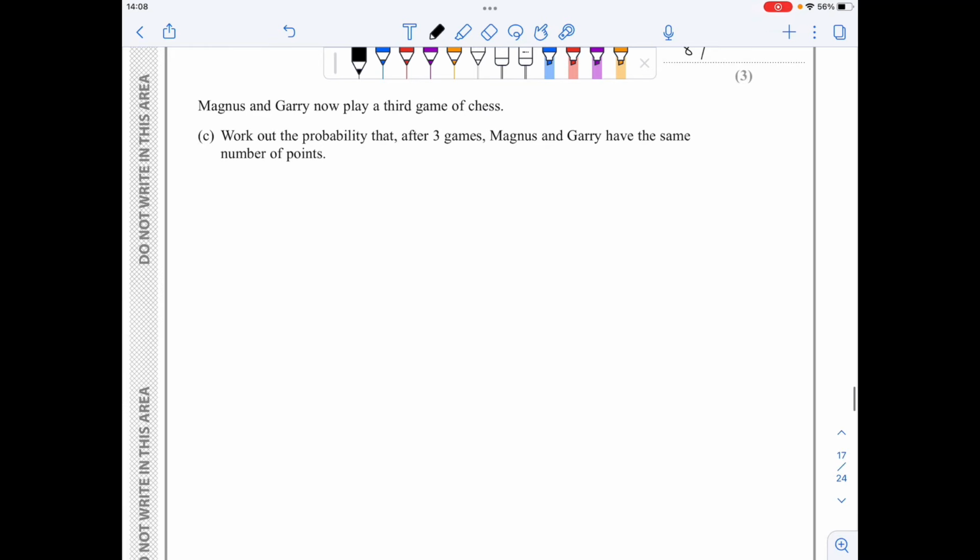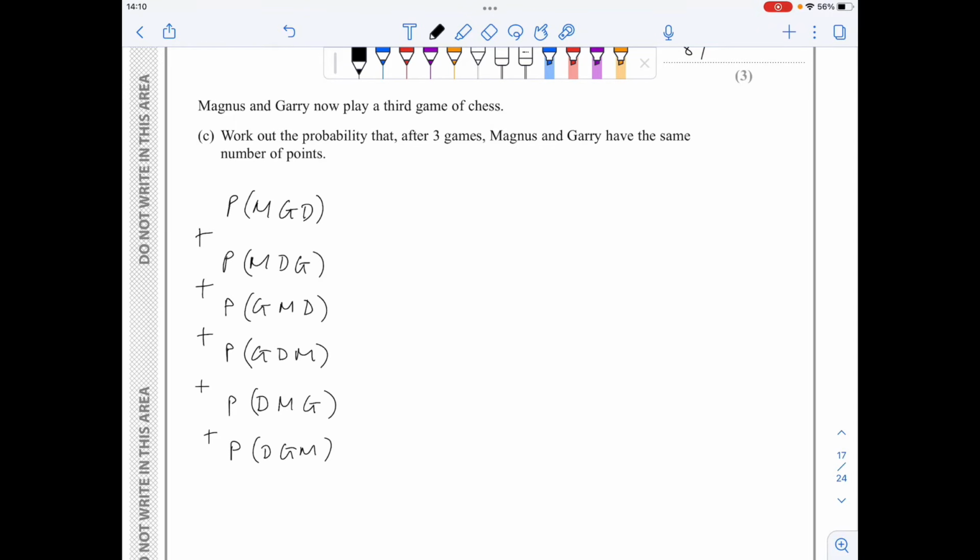Now for part C, we have a third game with the same probabilities, and we want to have a draw after 3 games. Now to have a draw after 3 games, we need the probability M, G, and D, but I want any combination of these 3 letters, and I also want the combination where I have 3 draws.